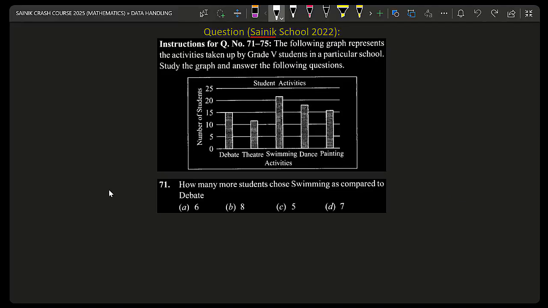Yes, it is close to 22, because you can approximate between 20 and 25, as the exact marking is not given. And debate is 15. So if you subtract, how many more? Sir, 6. 22 minus 15 is 6.